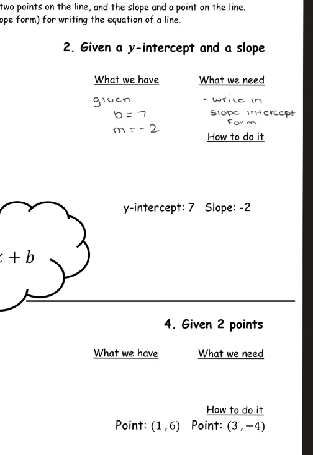Okay, now how do we do it? We know that y is equal to mx plus b. For this situation, we know that my m is -2 and my b is 7. So we have the equation y equals -2x plus 7.